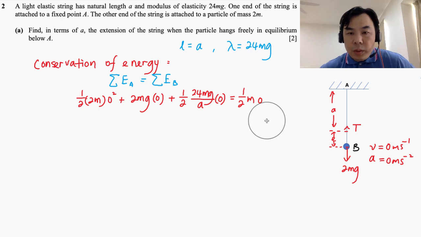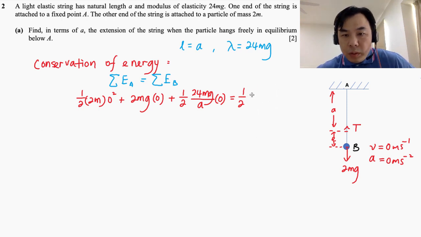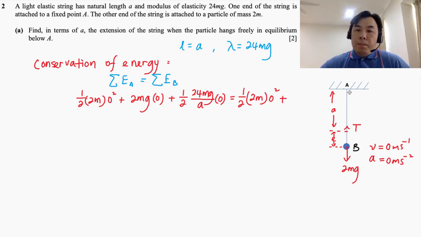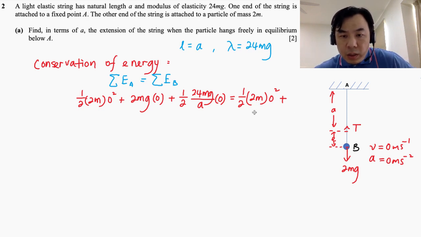Oops, I shouldn't be using m because the mass is 2m, so I'm going to put that in, squared. And at the same time, it actually gains elastic potential energy. So it gains elastic potential energy here. That would be, I'm going to write down here.